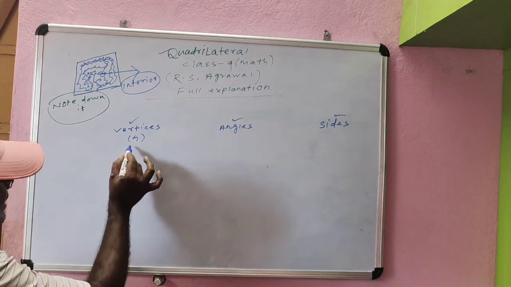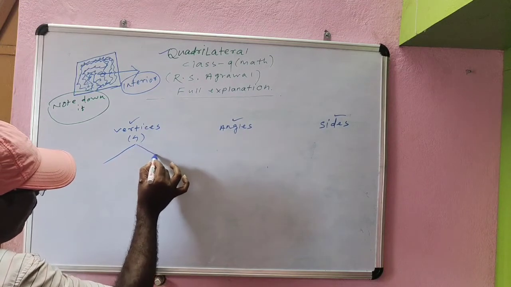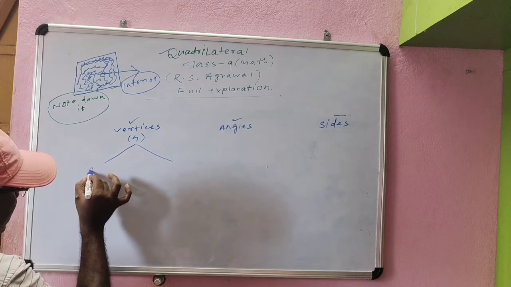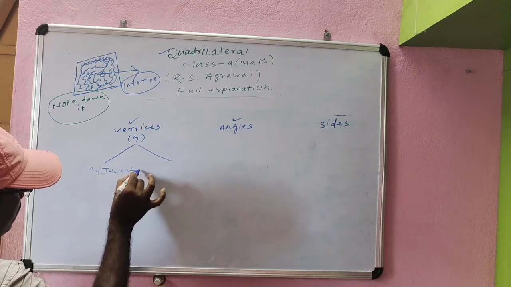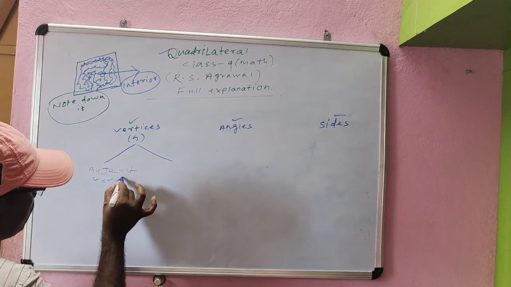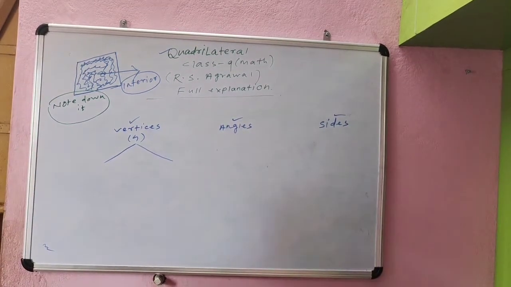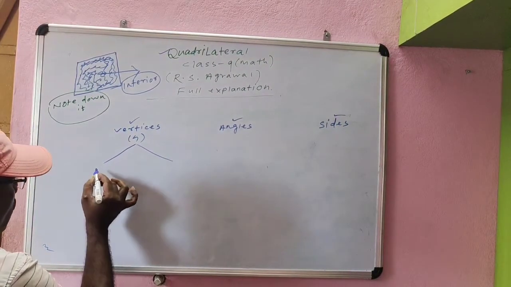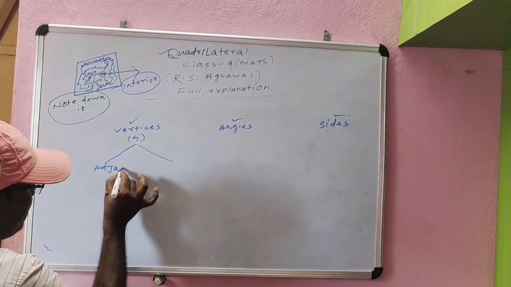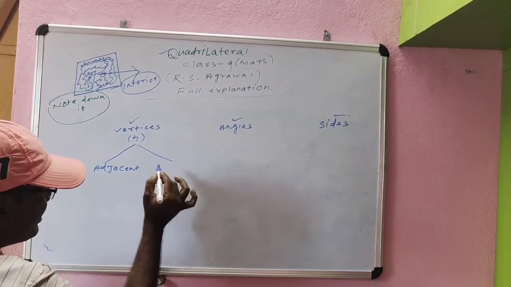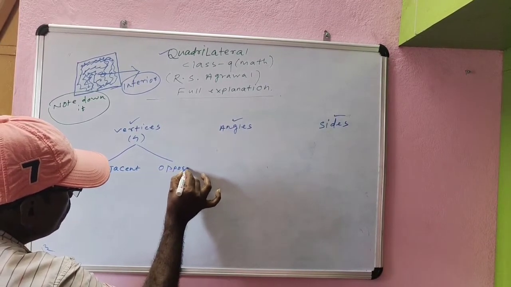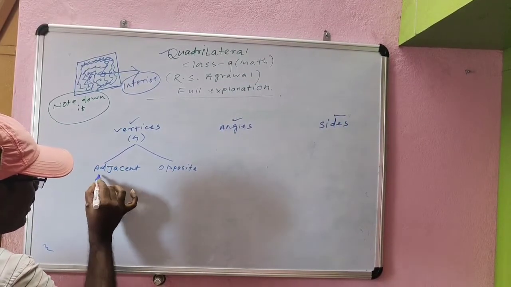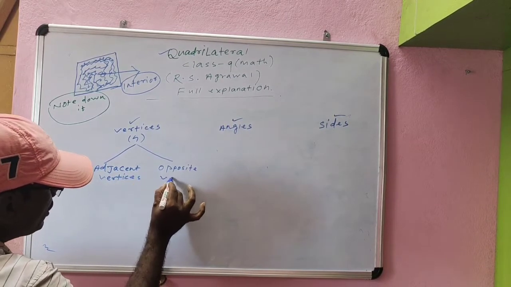So these 4 vertices have been divided into 2 groups: adjacent vertices and opposite vertices.